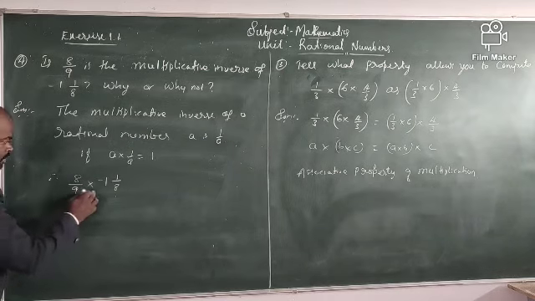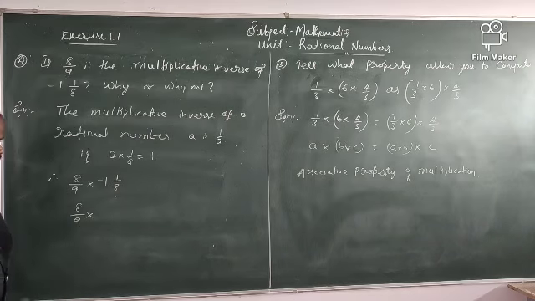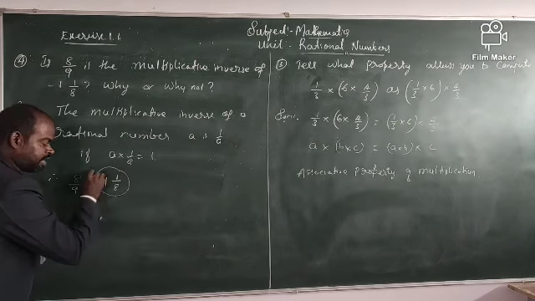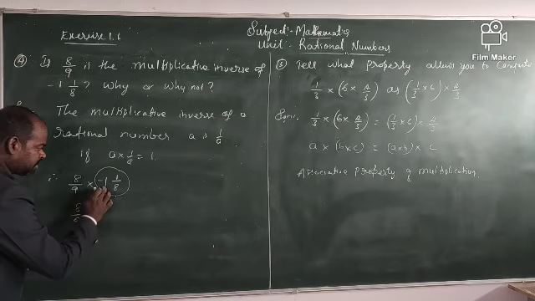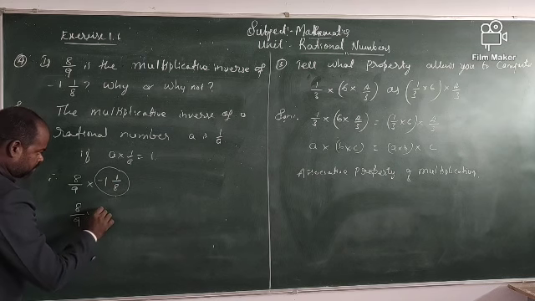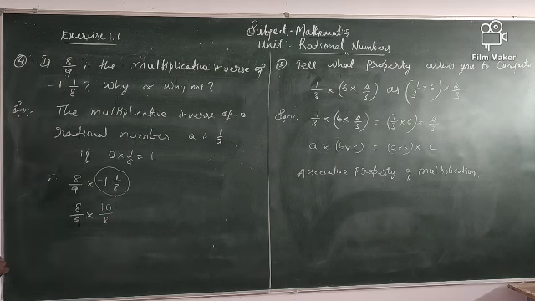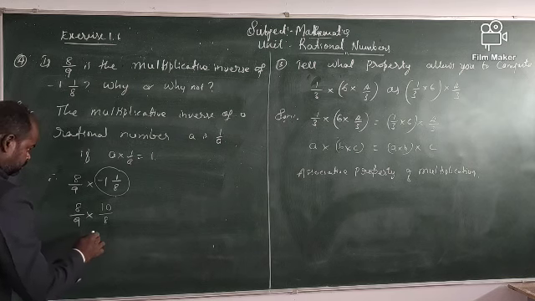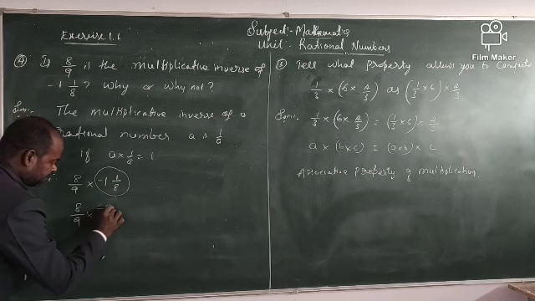See here, 8 by 9, this mixed form you have to write in improper form. 8 ones are 8 plus 1, 9, minus 9 by 8.